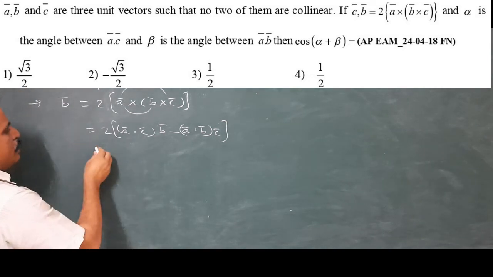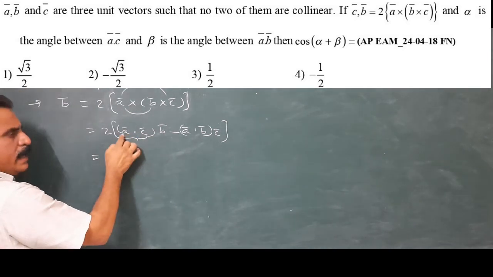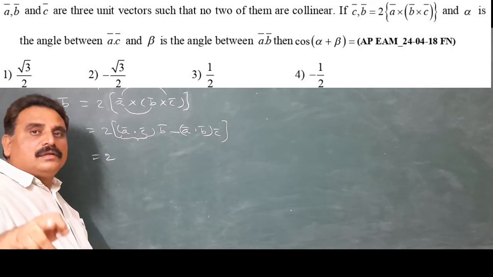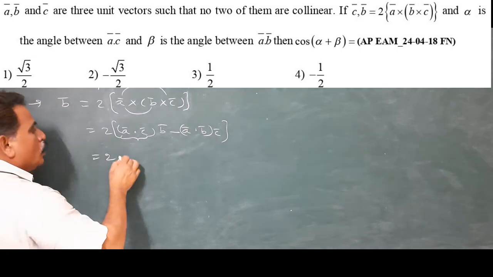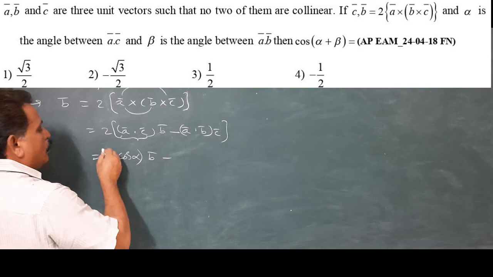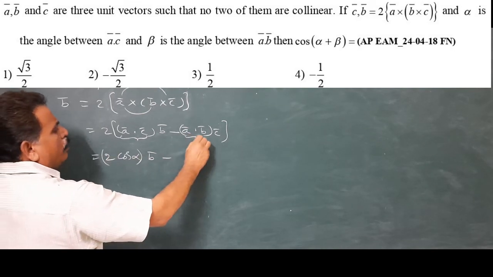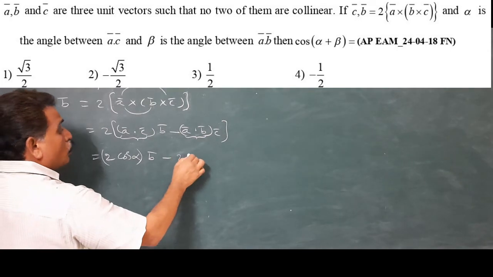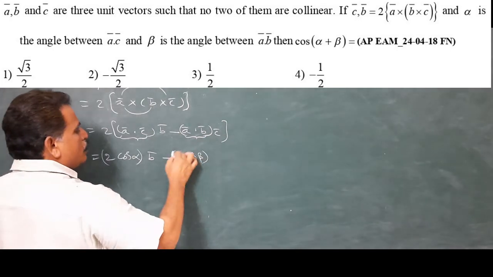Now compare both sides. A bar dot C bar, the angle between A bar and C bar is alpha, and they are unit vectors, so 2 cos alpha B bar minus A bar dot B bar, that is cos beta, 2 cos beta into C bar.